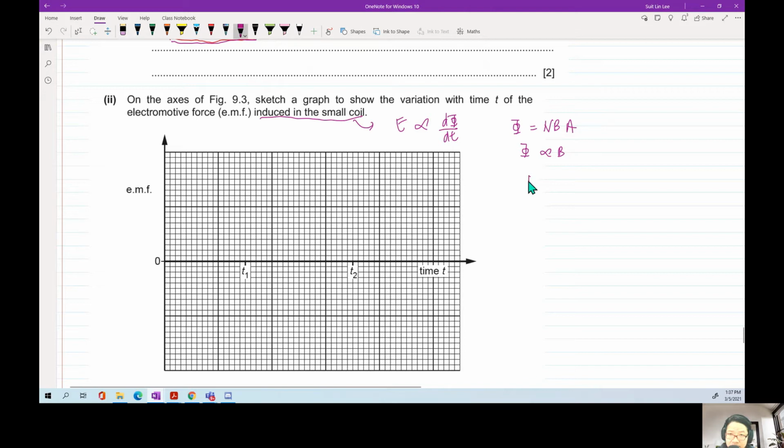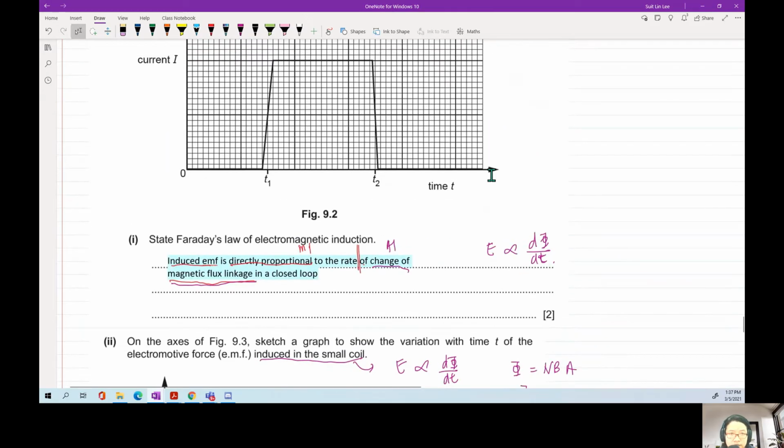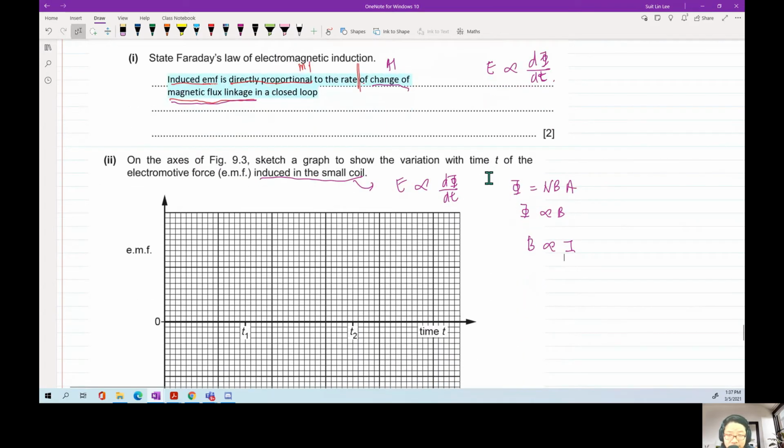And B is proportional to I because the current causes the magnetic field in the first place. You can look at the notes where I provide the equation: B is mu naught Ni over L for the solenoid.